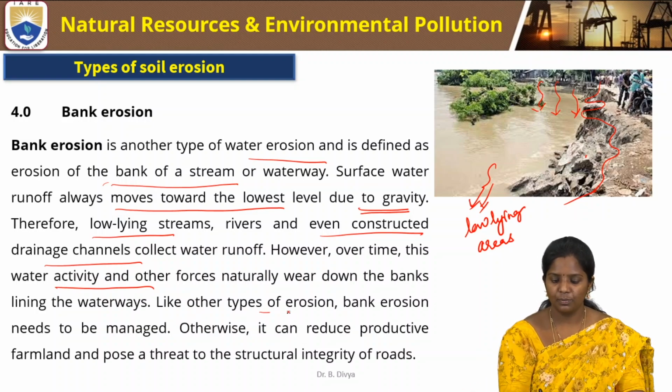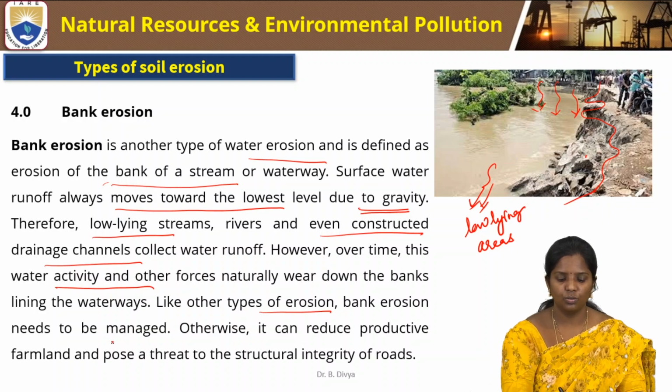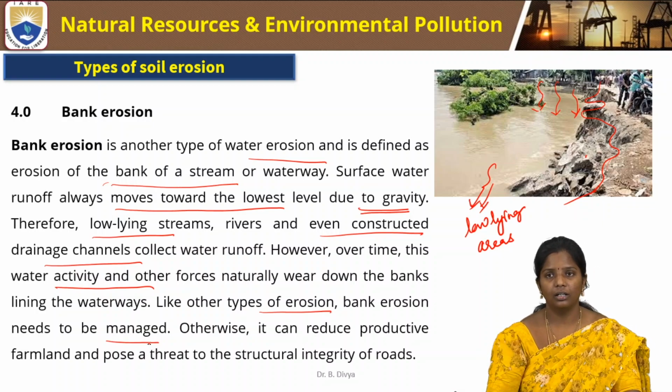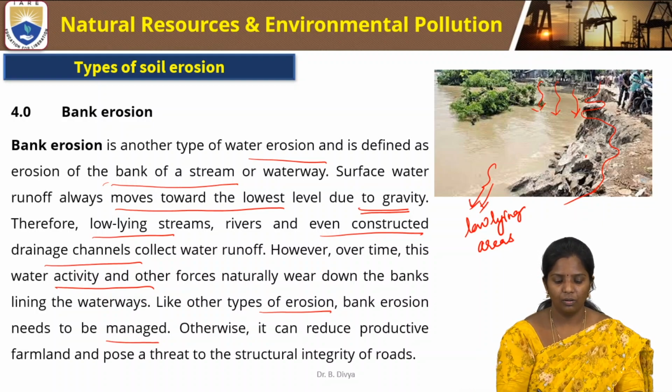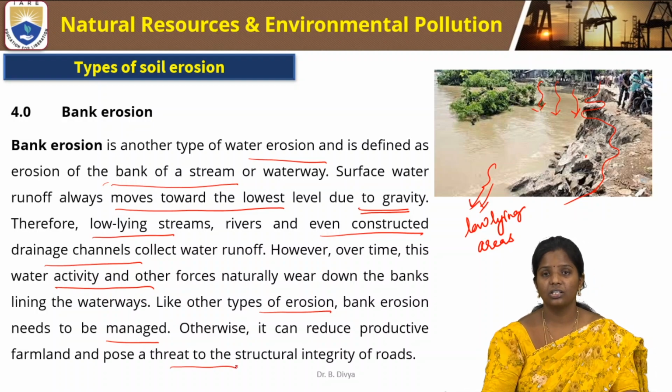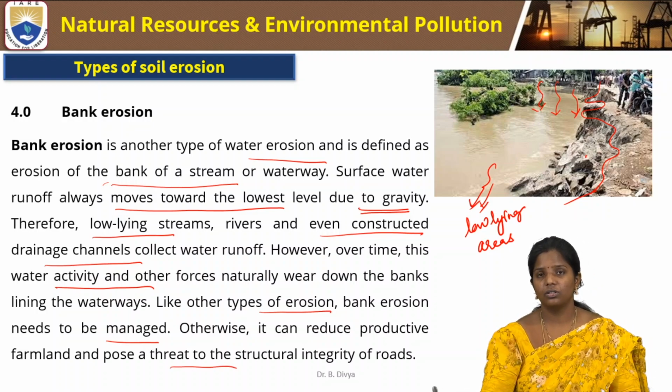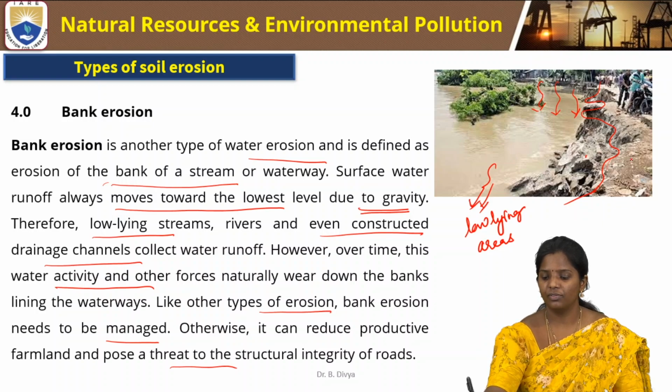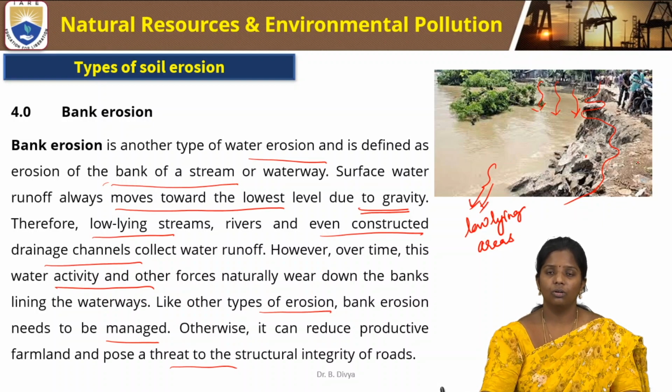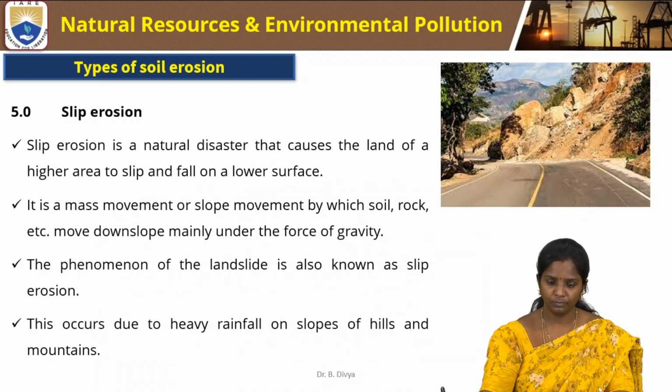Likewise, like other types of erosion, bank erosion needs to be managed. Otherwise, it can reduce productive farming and also pose a threat to the structural integrity of roads. If there is an adjacent road, the road also gets damaged.